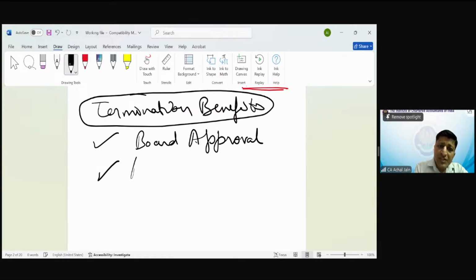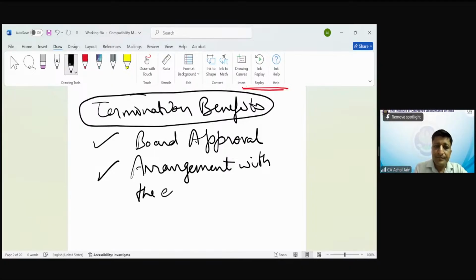So this arrangement with the employees has to be there. Once you have both of these criteria fulfilled, then you will check, is there any employee benefit which the company plans to offer to the employee?